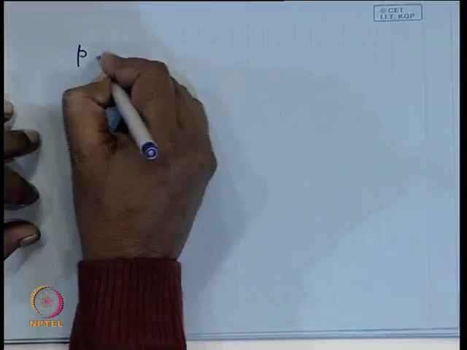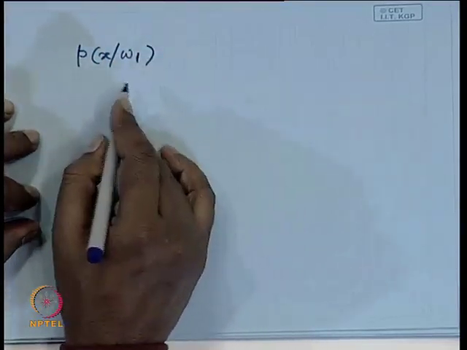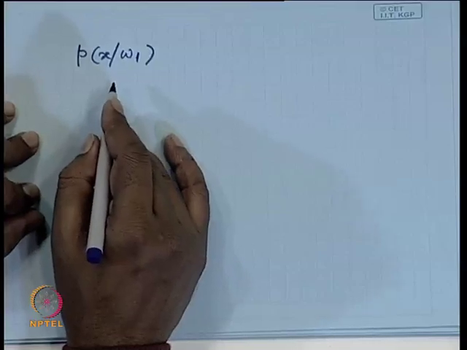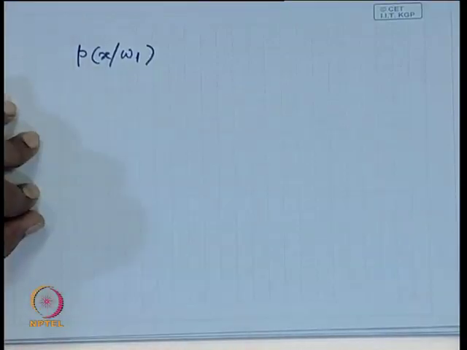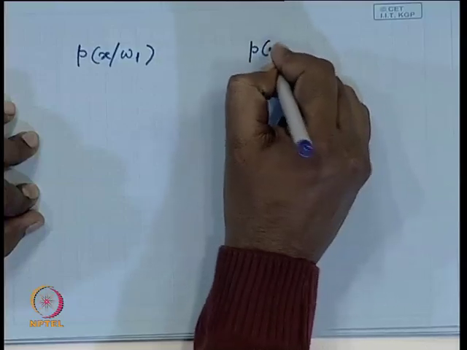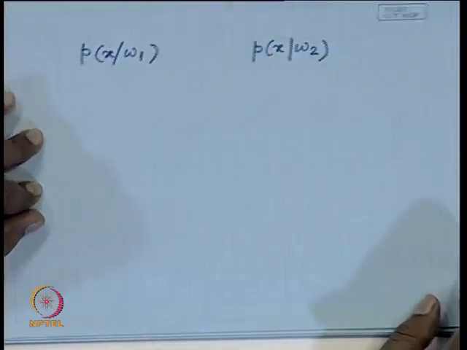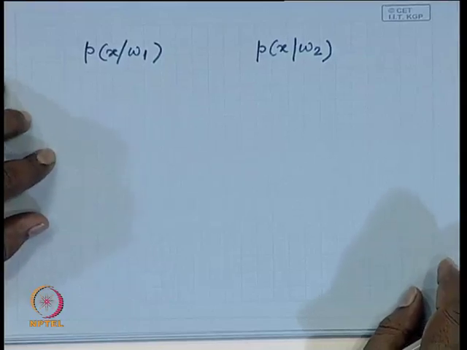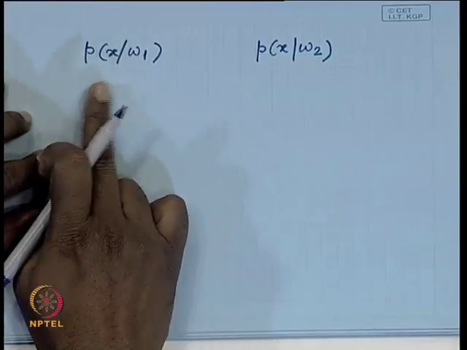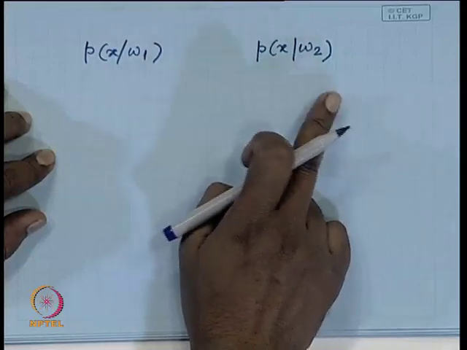That is, I can find out what is p of x given omega 1. So, this is nothing but the probability density function of x taking the objects from class omega 1. I can also find out p of x by taking the objects from class omega 2. So, I can find out p of x given omega 1, and p of x given omega 2.